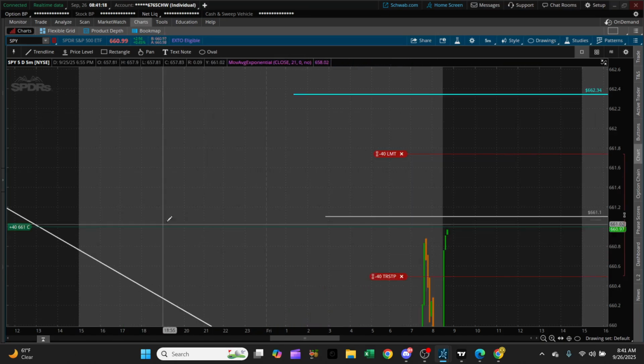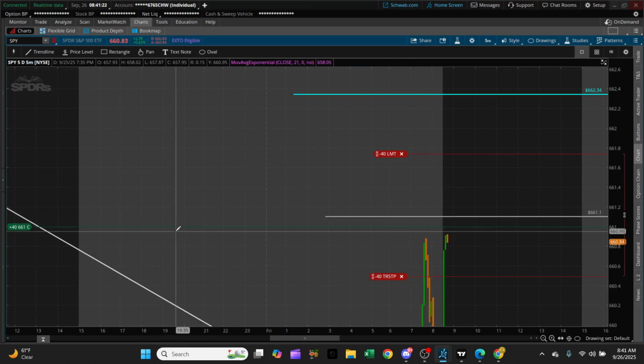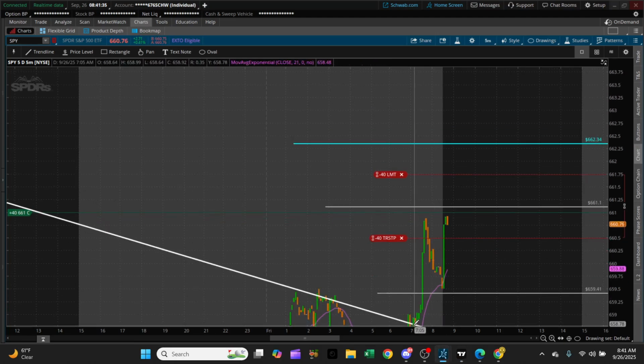I believe once we bust through that 661.10 area, I think everybody else will kind of buy into the story. But we are definitely a little, I won't say early, I'll say we're not in the best position to not get stop hunted. I don't think we have any type of defense breaking the trailing stop that we have.